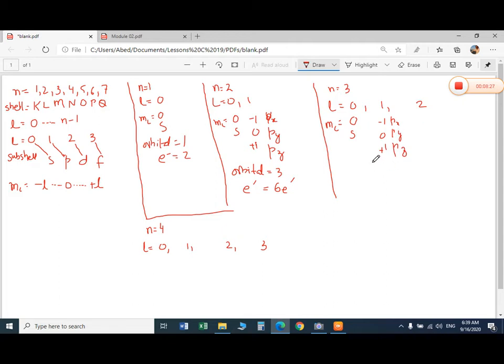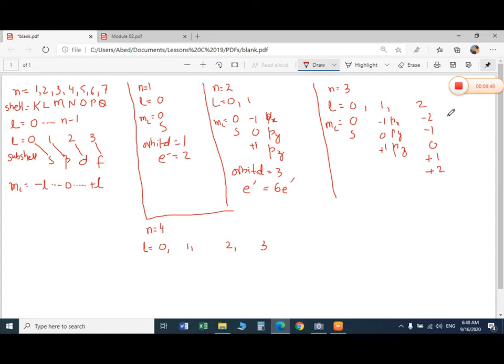These are 3 orbitals, but the new thing here is ML will be equal to minus 2, minus 1, 0, plus 1 and plus 2. So these are the 5 orbitals.